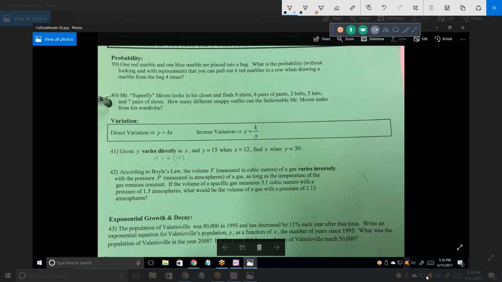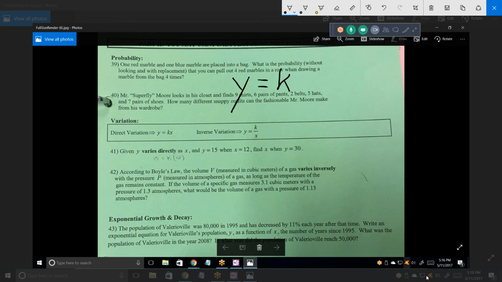Okay? Now, varying. If y varies directly with x, first of all, these problems have a k. That is the first thing you want to write.